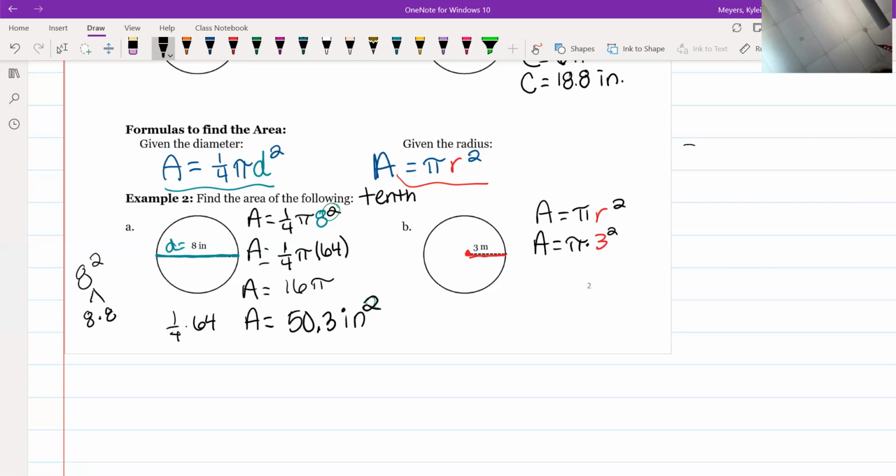Remember, squared is really 3 times 3. So now we have 9 times pi. Throw that in your calculator. What is 9 times pi rounding to the tenths place? Well, that is about 28.3. And again, we have to label. In this case, it's meters, and then squared because we squared it.